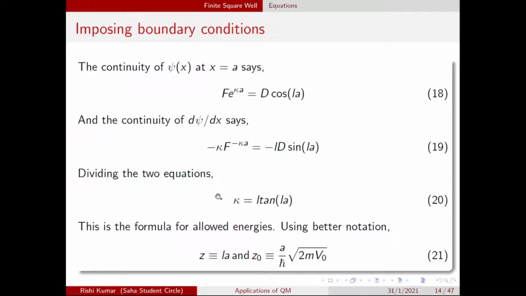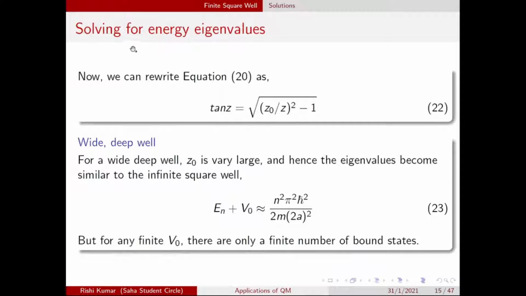Okay, so this is the formula for our allowed energies. Using better notation to clean this up, z is equivalent to la, and z naught is equivalent to a by h bar times root 2mV naught. Just cleaning this up, we are rewriting equation 20 as tan z equals root of (z naught by z) whole squared minus 1.